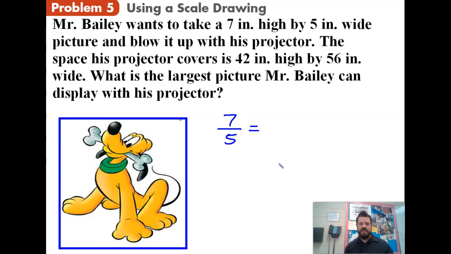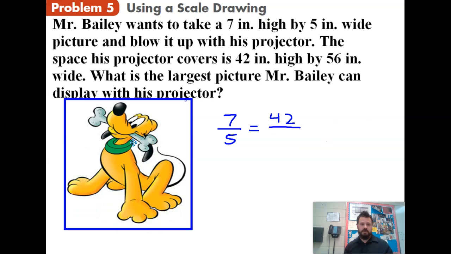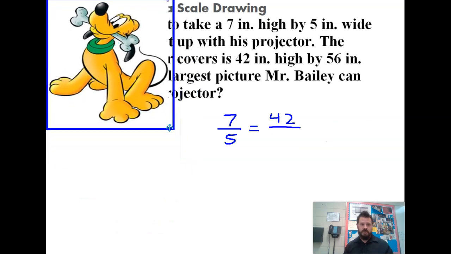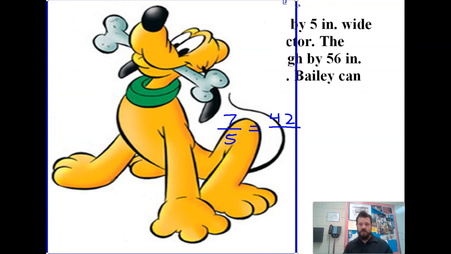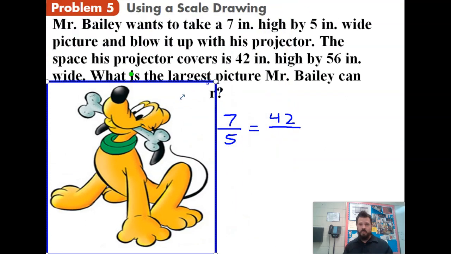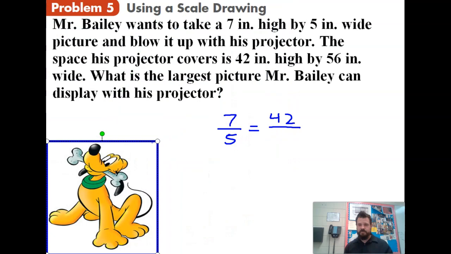And then we fit the height perfectly. So I'm going to say the height of my new picture is going to be 42. I don't know what the width is going to be. Again, my height fits as 42. My width, I'm not sure. We'll call that x.